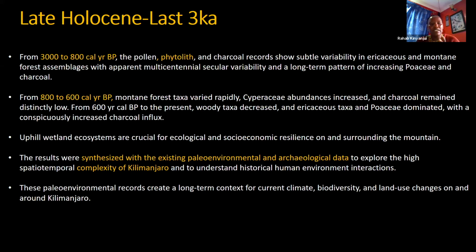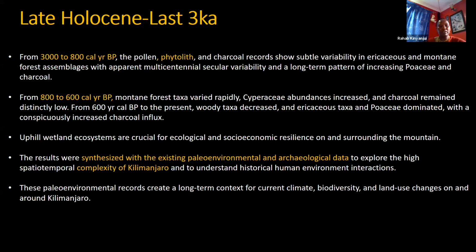Then from 800 to 600 years, the mountain forest taxa, that is the data from the pollen, varied rapidly. Cypress increased highly, charcoal became low. Then from 600 to the present, the woody taxa decreased. Ericaceous taxa and Poaceae, again, we see them becoming more conspicuous.